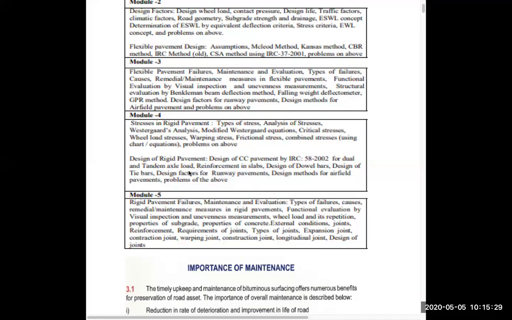Again, they have mentioned here factors for runway pavement. The same thing has been mentioned over here also. Design factors for runway pavements, design methods. Again, it is one big vast area, different methods are there, but I don't know how they have put this in the syllabus.